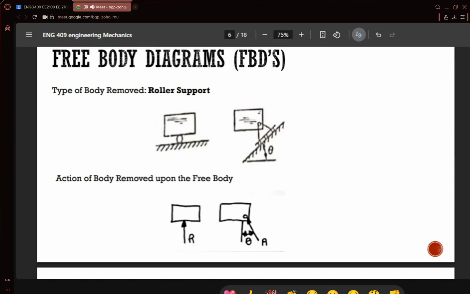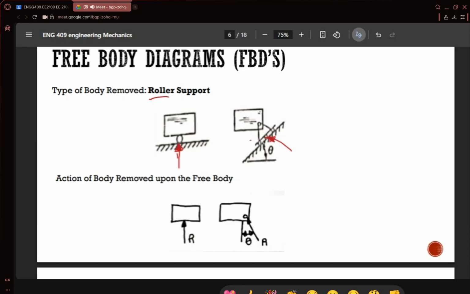So we have roller support. So when you see on the drawing, your type of support is like this, it seems like there's a circle there, that's most likely a roller. So a roller support, the action of the body removed from the free body is, for the first sample, the roller is also exerting somewhat like a normal force, right? And then for this scenario, there will be an angle here.